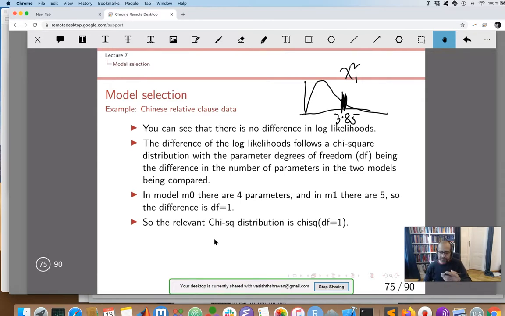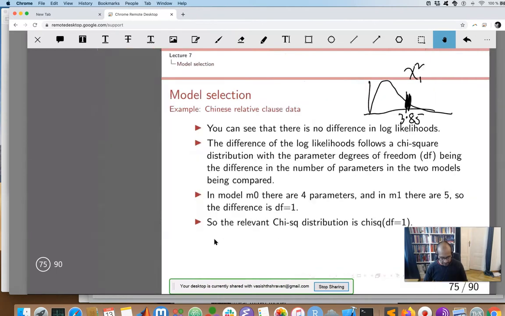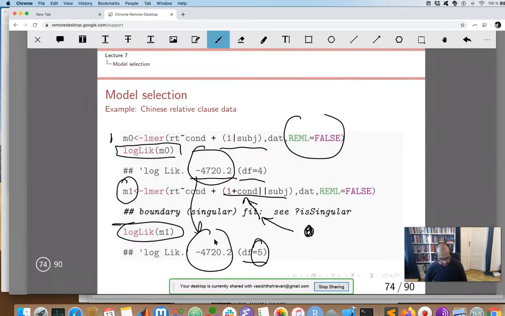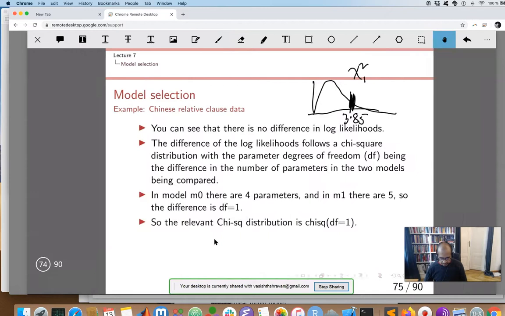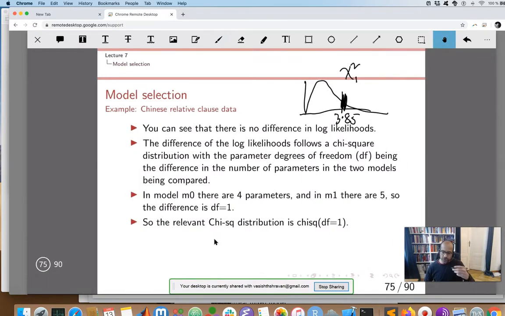Obviously we know that the difference is 0. We just looked at the log likelihoods. The two log likelihoods are the same, so the difference is going to be 0. Therefore we're not going to be able to reject the null hypothesis that there's no difference between the models. So we would go with the simpler model in that case, that means the model M0, which is the model with only varying intercepts.